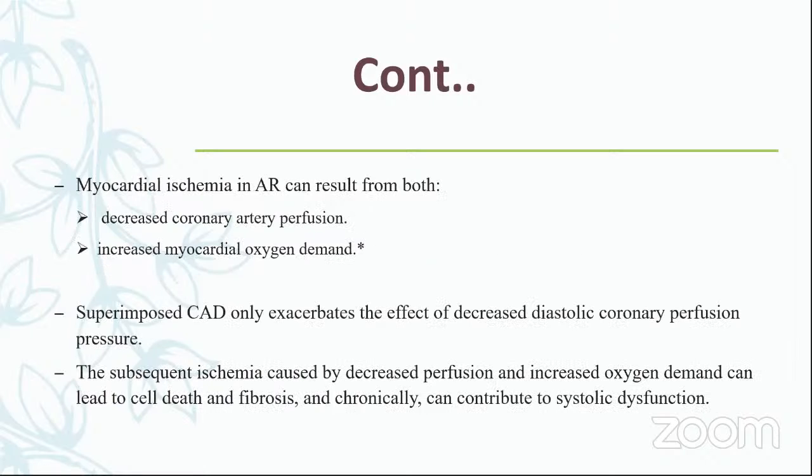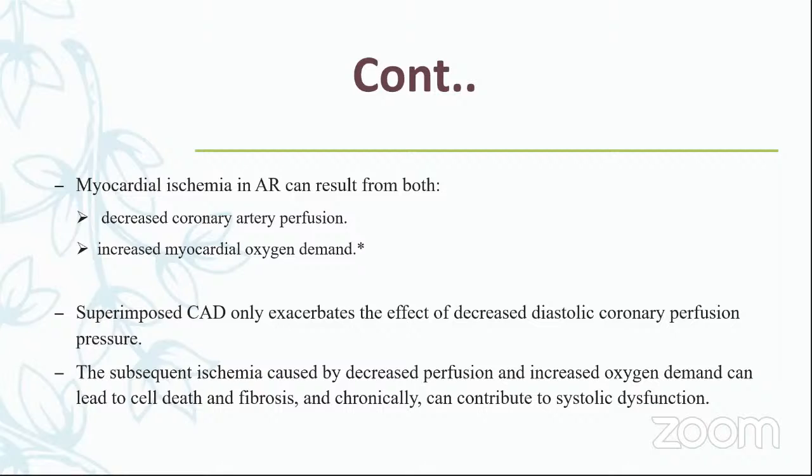Myocardial ischemia can also happen in aortic regurgitation, and it can result from both decreased coronary artery perfusion and increased myocardial oxygen demand. And this is due to increased LV mass, wall tension, and increased systolic ventricular pressure.